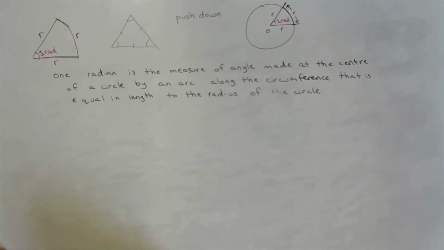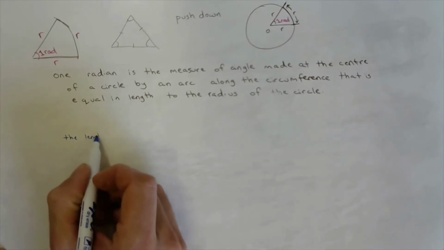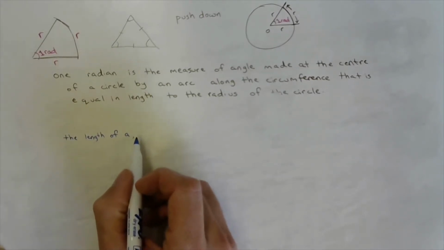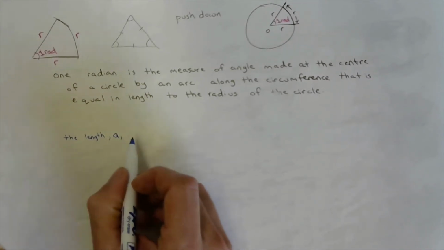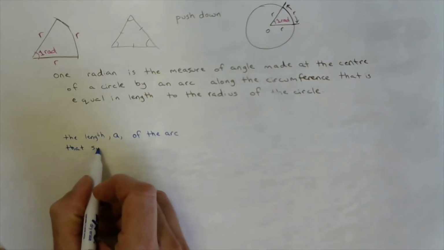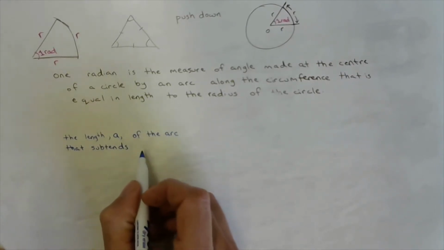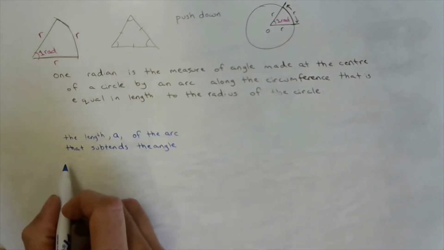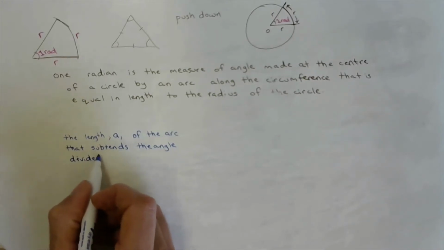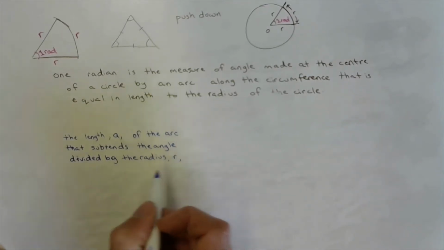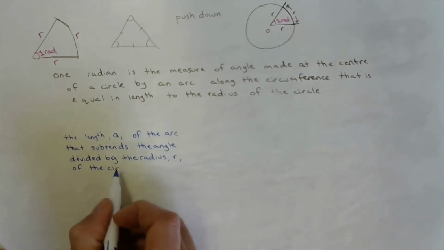So theta is some angle, and the radian measure of that angle is defined as the length, A, of the arc that subtends the angle, divided by the radius, r, of the circle. We'll talk about the word subtends in a second.